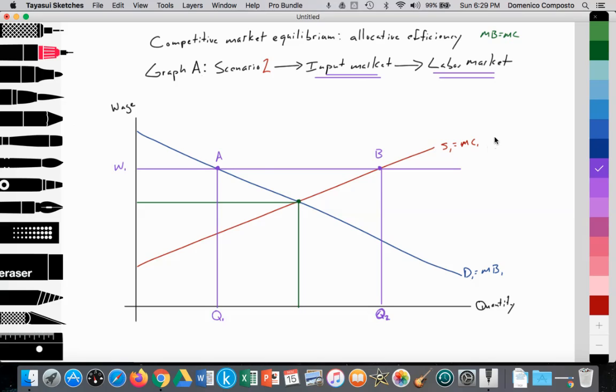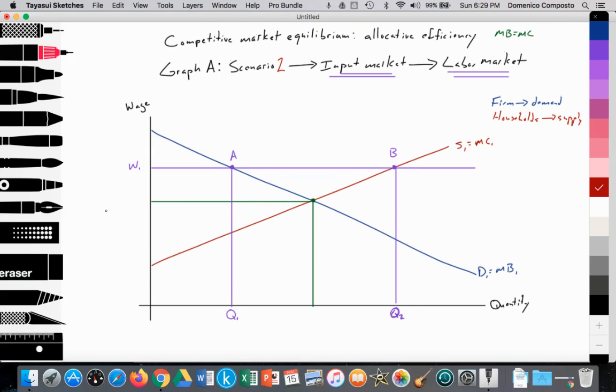Again, we want to remember that firms are demanding labor, since this is an input graph, and households are supplying labor. At Q2, we notice that the quantity supplied is greater than the quantity being demanded.